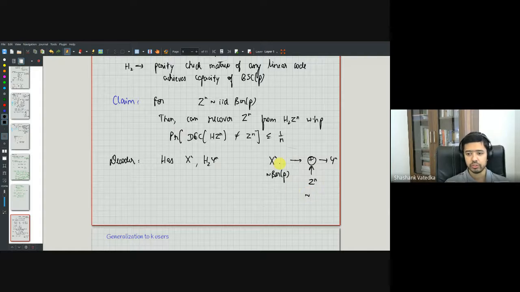So yn can be viewed as xn XOR zn, where zn is Bernoulli p. I'm sorry, I should have said that xn is Bernoulli half. It's not Bernoulli p. So xn is Bernoulli half, zn is Bernoulli p, and the XOR will give you yn, which is also Bernoulli half.